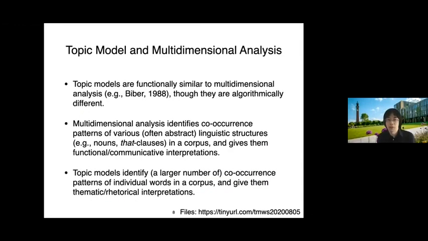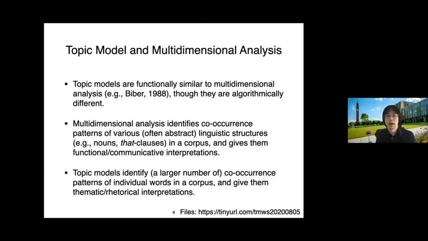If you're a corpus linguist, you might be familiar with multidimensional analysis developed by Biber and used by a lot of people. Topic models are functionally similar to multidimensional analysis, although they are algorithmically very different.